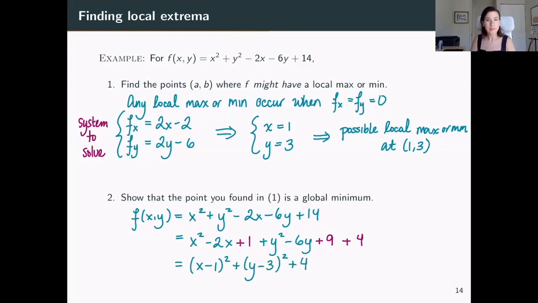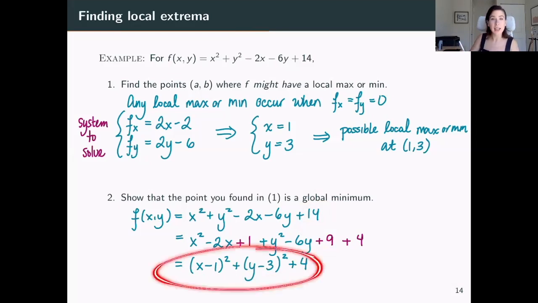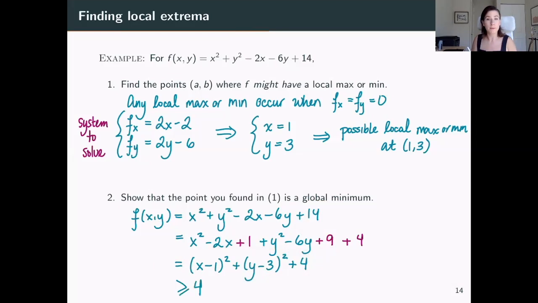Now we can notice that here I have a term that's squared, a term that's squared, and a 4. So this entire expression is going to have to be bigger than or equal to 4.